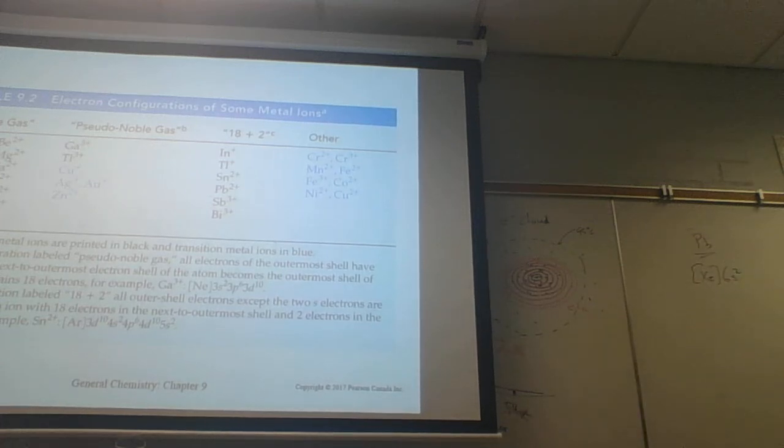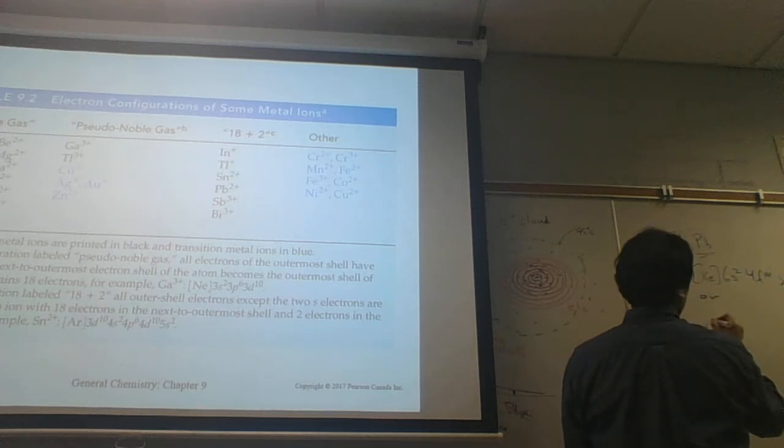And what comes next? 4f14, and then what? 5d10, 6p2.